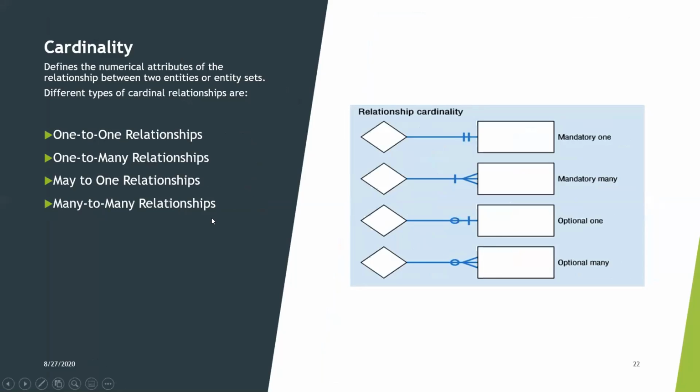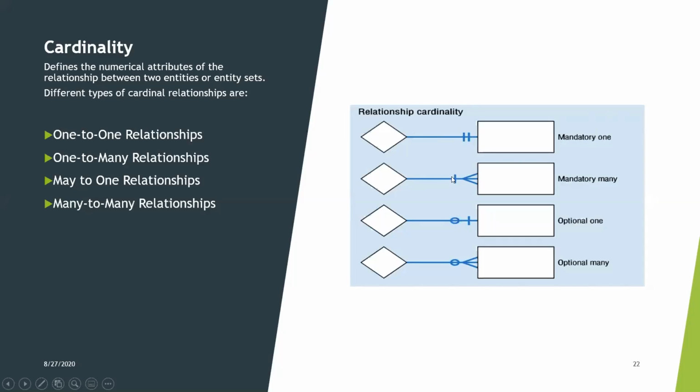And how can we represent this cardinality graphically? If there is a one-to-one relation, this is a line, a participation line, and two vertical lines. This is for one relation, and here this is a line. See, this symbol represents many.